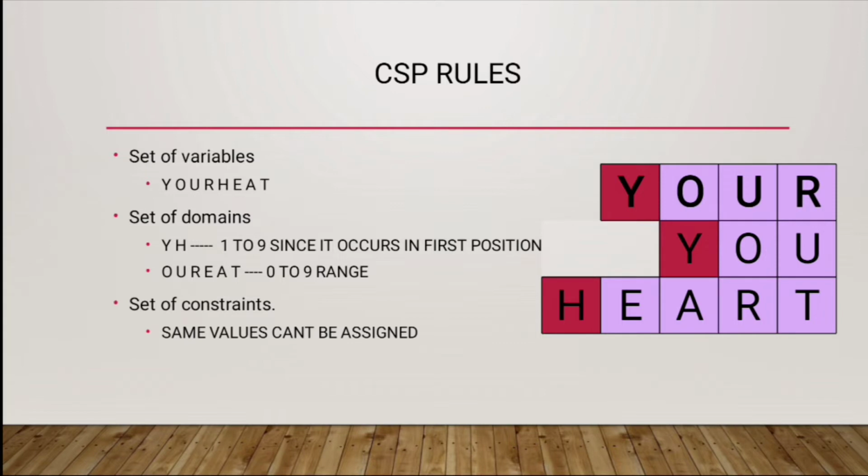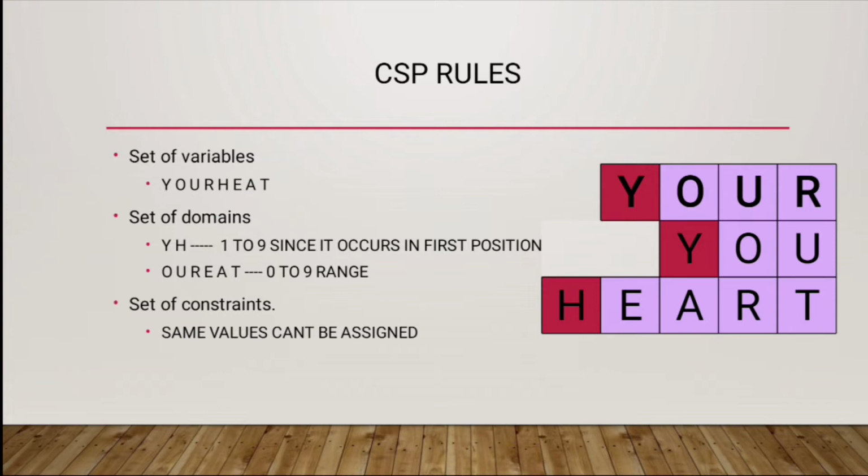That is the scenario. And we have a set of constraints, that is the rule that we cannot give the same value to another variable. For example, Y is given a value of 9, the same value 9 cannot be given to E. So that is a rule that we have to follow. In our case H should have a value, say 1, because that is the greatest possible value: if you add anything with 9 you will get 18.